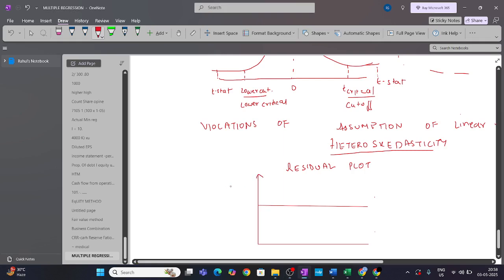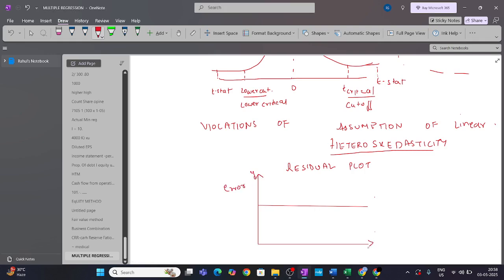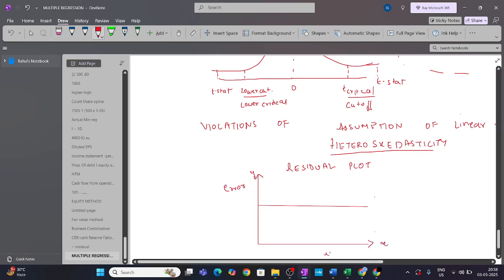My errors are going to be on the y-axis, and the independent variable is going to be on my x-axis. Right now, this is my 0 because the mean of error terms is 0.